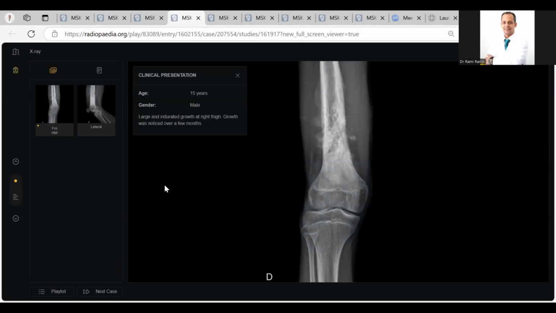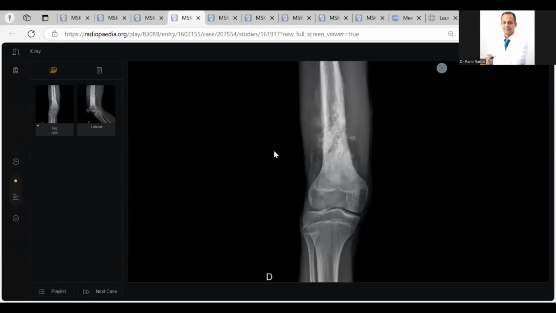15 years old male patient with large lower femur swelling. This is a frontal projection of a 15-year-old male patient. I can appreciate abnormal appearance of the distal metadiaphysis of the femur, which is showing some sclerosis of the medullary cavity.